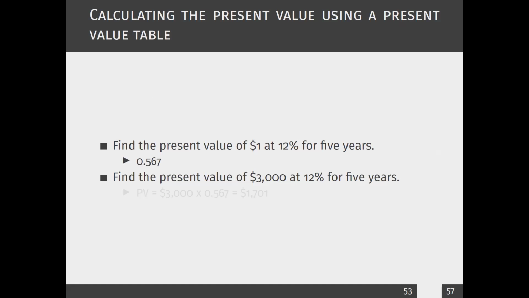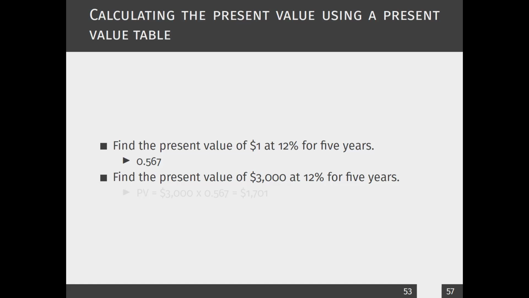Now, what is the present value of 3,000 at 12% for 5 years? Earlier we calculated for $1, right? What about if you have 3,000? So what needs to be done?